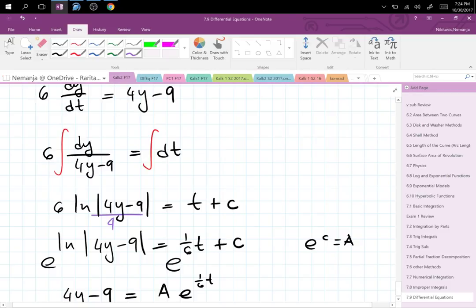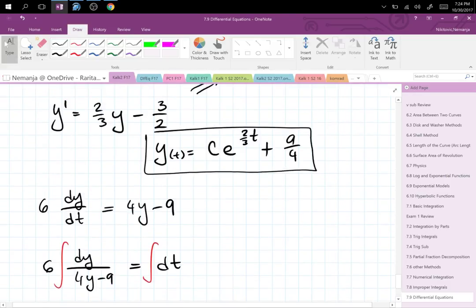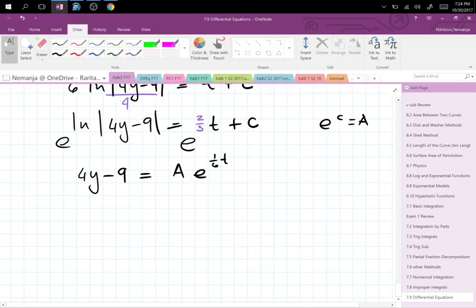So that's 6 over 4, which is 2/3. And now it matches. Nice.